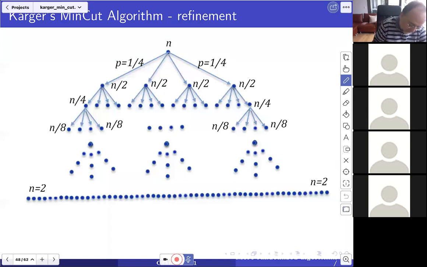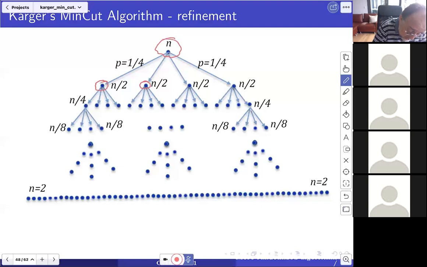Here it is. So this is your original graph with n vertices. You perform this partial contraction until you reach a graph with n/2 vertices. This is a randomized procedure. Then you repeat the very same randomized procedure, which will give you a different graph because you will make different random choices of which edges to contract, also of size n/2.